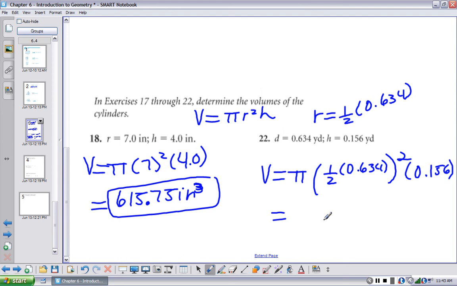And if we square that, times 0.156 times 3.14.